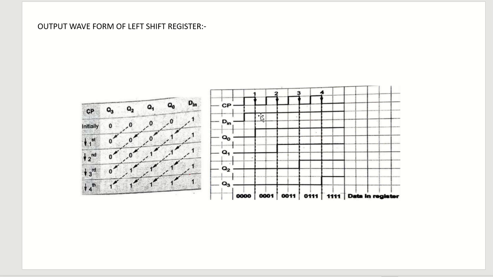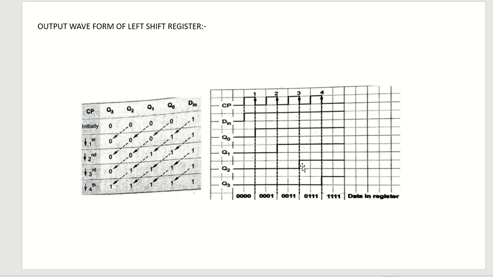Now let us move to the waveform of this left shift register. Initially, data in, Q0, Q1, Q2, Q3 are 0. When data in is 1 and we apply a clock pulse for the first time, Q0 becomes 1 at the negative edge of the clock pulse.